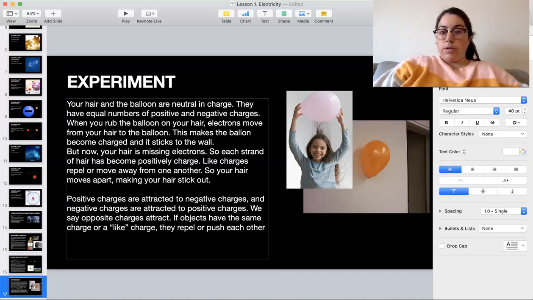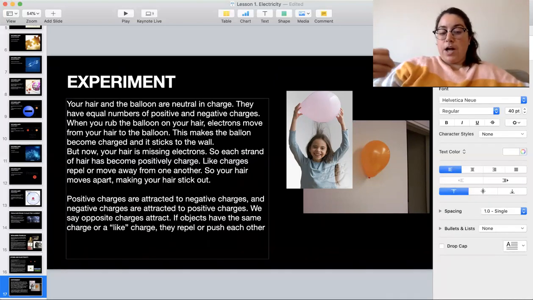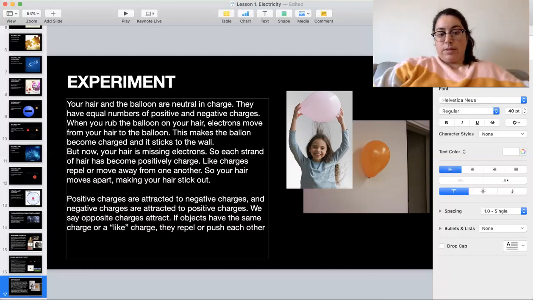But now your hair lost electrons. So each strand of hair, each little hair, has become positively charged. And when charges are the same, they want to go away from each other. They repel each other. So your hair starts to move apart, like what happens to this girl.